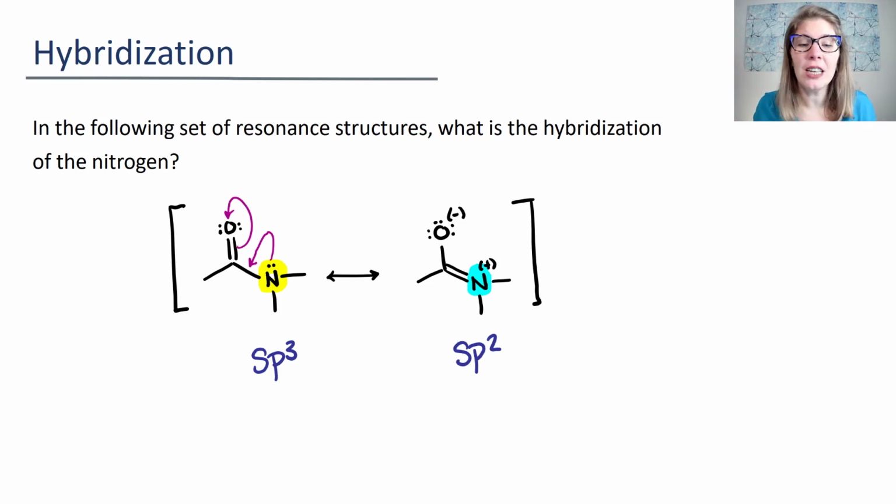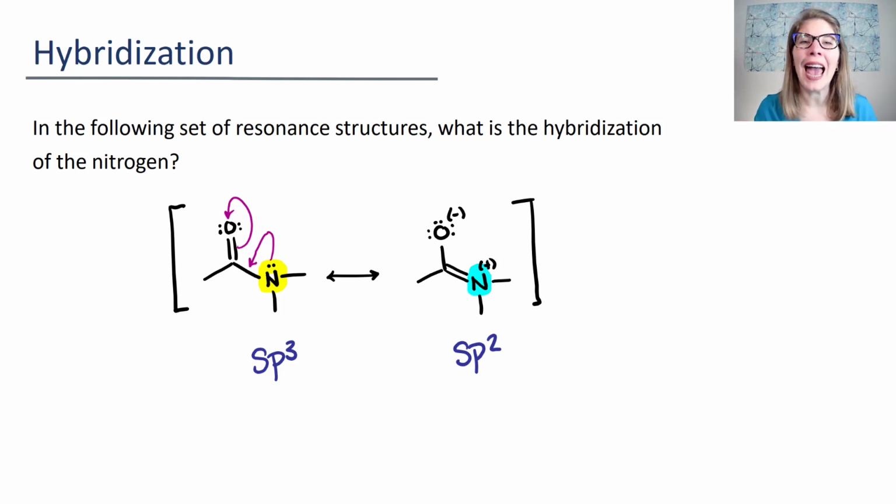So if we're looking at hybridization of that nitrogen, it can't be sp3 hybridized and sp2 hybridized. So the easy way to go about this is pick the lower hybridization, because that's what is actually happening. But I want you to have a deeper understanding than that. I want you to recognize that the reason that the nitrogen has to be sp2 hybridized is because your nitrogen has a pair of electrons that's being shared over multiple atoms.